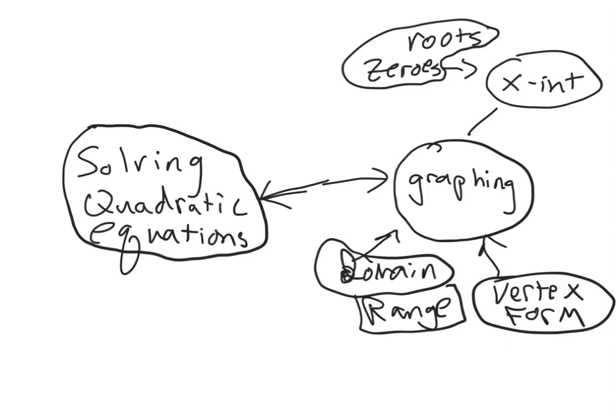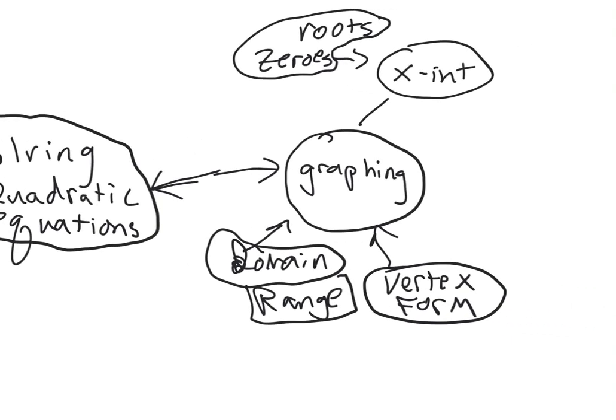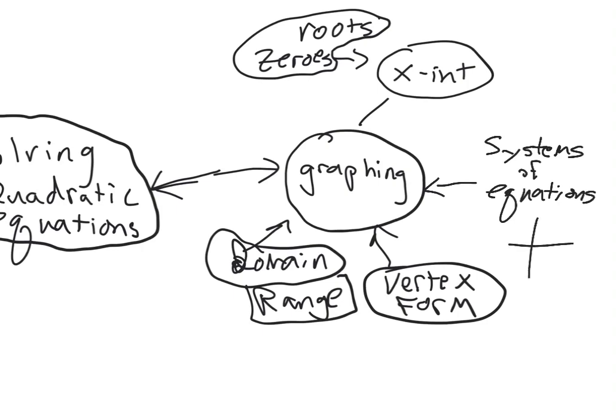And all of this links back to the concept of solving systems of equations using the graphical method. So the main example that we're going to see here is if we have a graph and we've got some parabola living somewhere, and we've got another line, we're going to be looking for the intersection points of the parabola and the line.